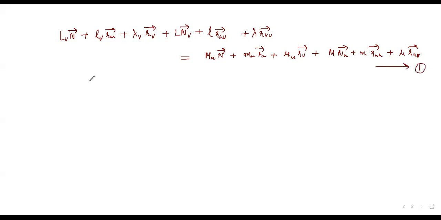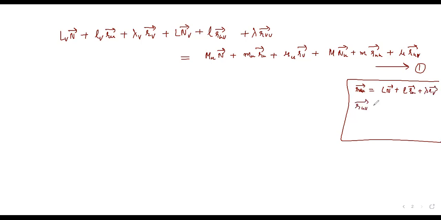Now if we again substitute from Gauss equations, हमारे जो Gauss formula है वो क्या है? In terms of Christoffel symbols, जो हमने इससे पहले किया था, R_uu is L N plus small l R_u plus lambda R_v. Similarly, R_uv was M times N plus small m times R_u plus mu times R_v.